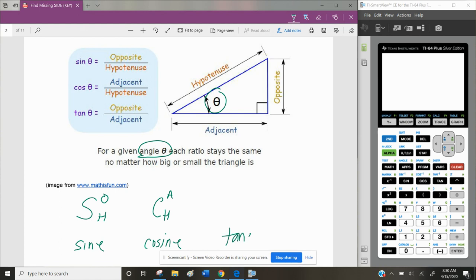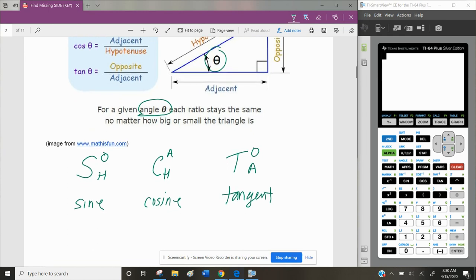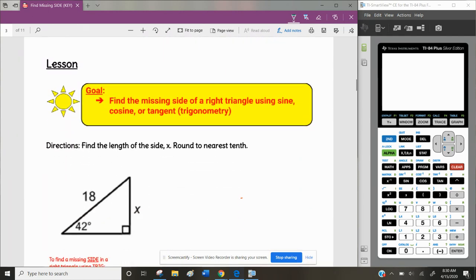And for tangent, the tangent ratio is always the opposite over the adjacent, so we're going to use TOA. So these are our acronyms, how we're going to remember those ratios. Sine, O over H, cosine, A over H, and tangent, O over A. O for opposite, A for adjacent, H for hypotenuse. Remember, O and A depend on your reference angle.